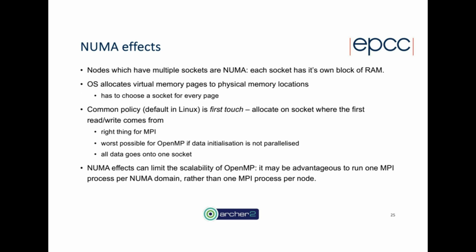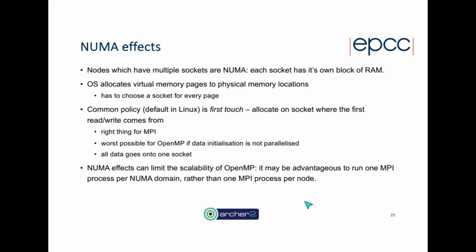Okay, basically covered this yesterday and talked about NUMA effects. This is the problem where you've got multiple physical pieces of main memory, and the default policy is for memory to be allocated in the NUMA domain where the first read or write comes from.